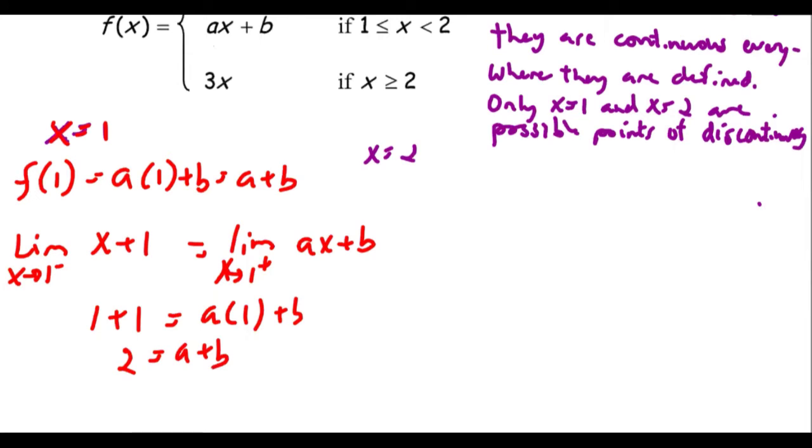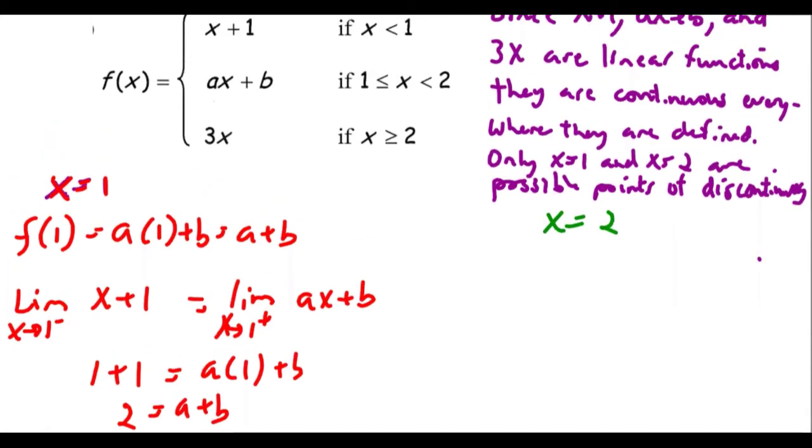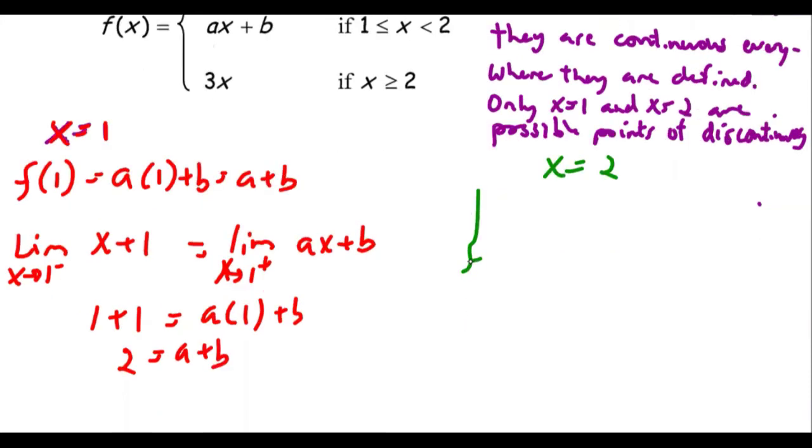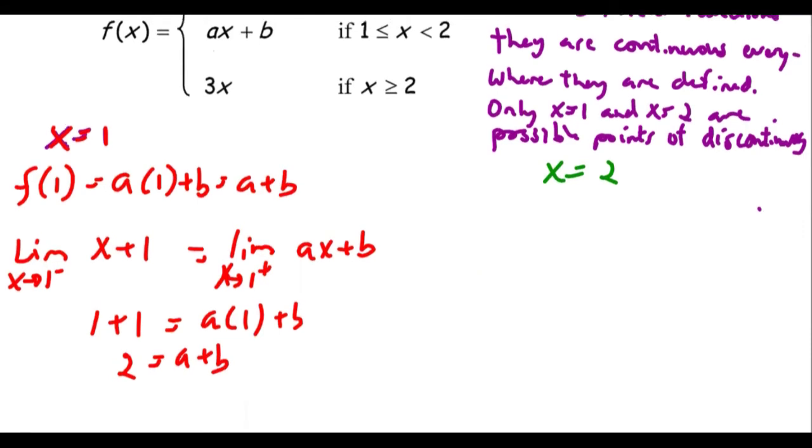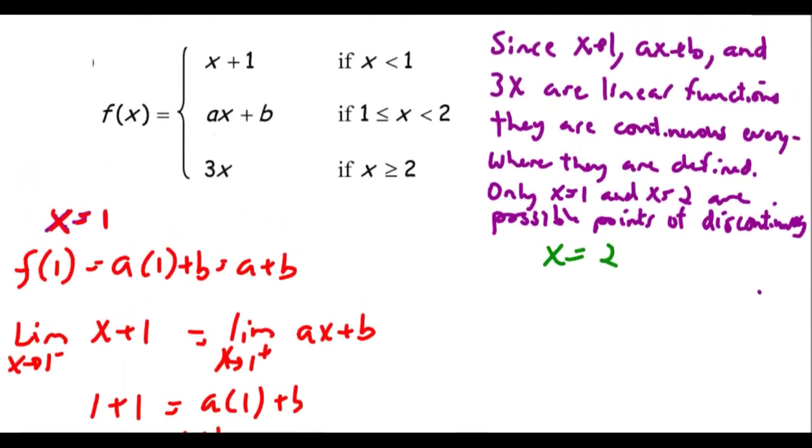So I move to my other requirement. And now let's look at x equals 2. Alright, so let's figure out what f of 2 is. Which equation should I use for f of 2? The bottom one, the 3x one. So f of 2 is going to equal 3 times 2, which gives us 6. And then the limit must exist.